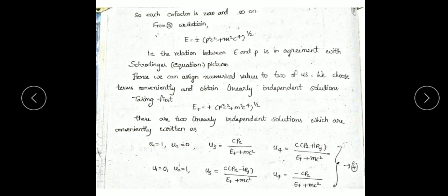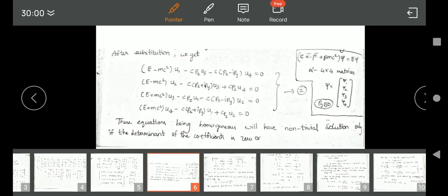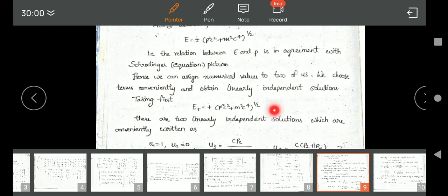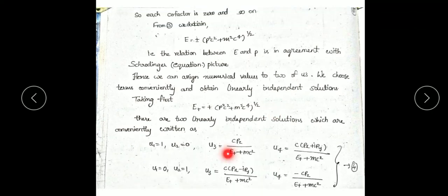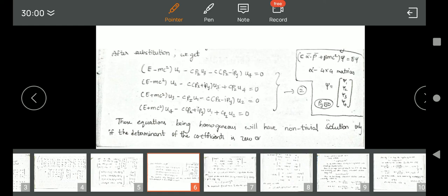Here the independent solutions are u1 equals 1 and u2 equals 0. How? If you see here, in the place of u1 we place 1, and u2 is not there, so that is 0. Next, in the place of u3, cpz by E plus mc squared. Why do we get cpz?